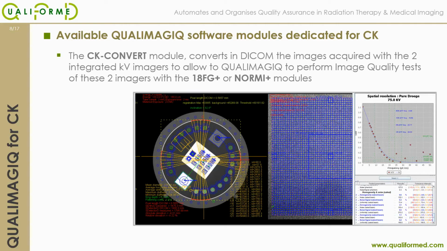These are the EPID KV Plus module for use with a Lead Stone 18FG or 18FL pattern, or the Normi Phantom from PTW or Primus Phantom from IBA, proposed to test images according to the German DIN norms.